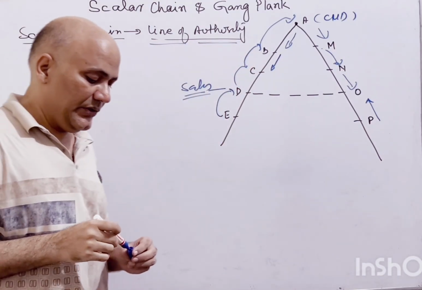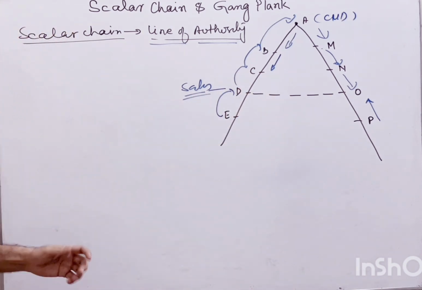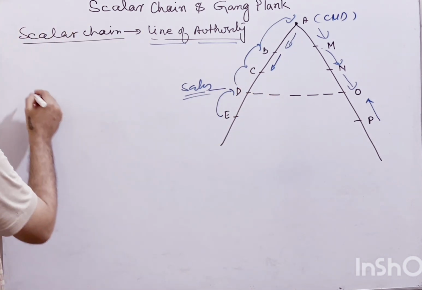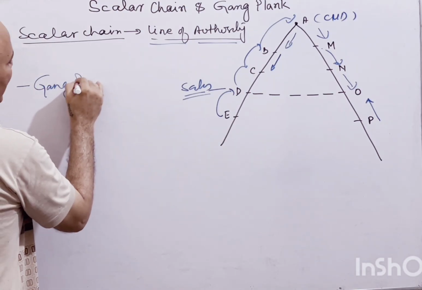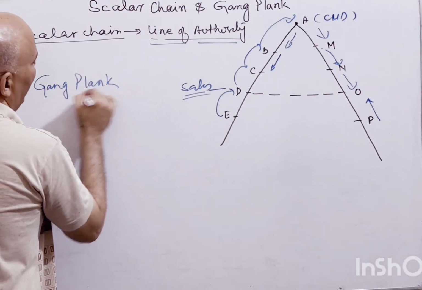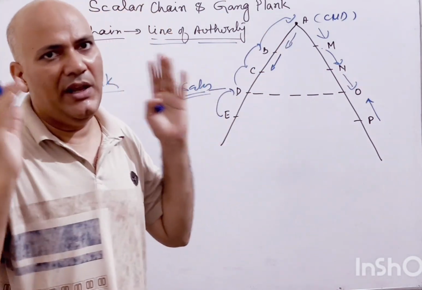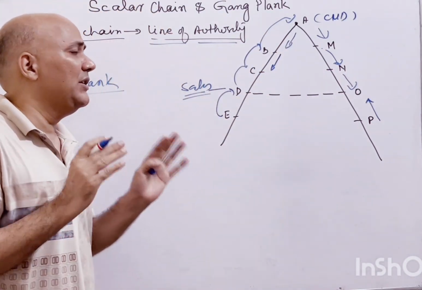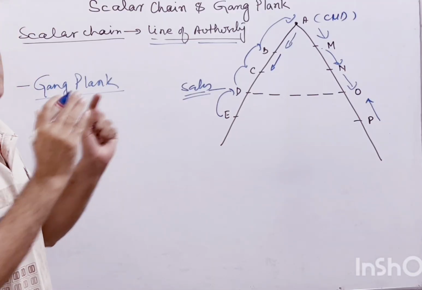Now you will say, sir, if any emergency happens in the organization, what will happen? So there is a situation that is called gangplank, right? Gangplank. So what happens, this scalar chain can be broken in case of any emergency or anything which is very important in nature and directly needs to be communicated.